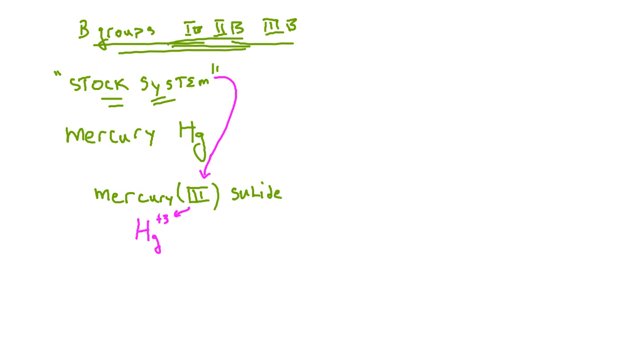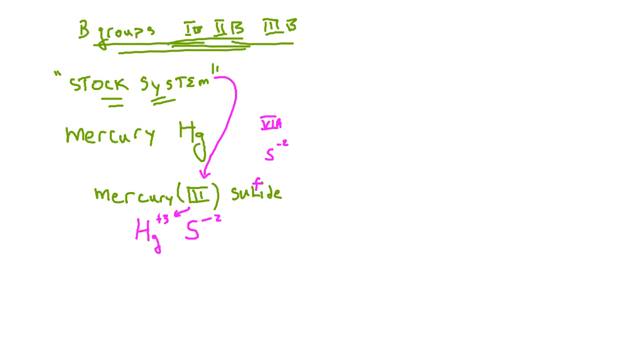Sulfide is just S. S is in group 6A, so we know it needs 2 electrons. So this would be S with a -2. Okay, well, there's our game again. There's a 3 and a 2, so each mercury gives 3 electrons.